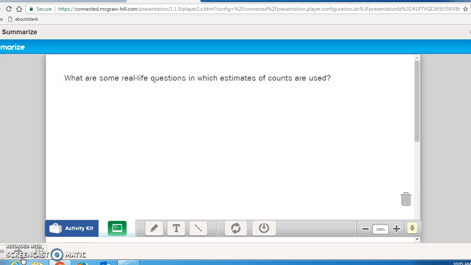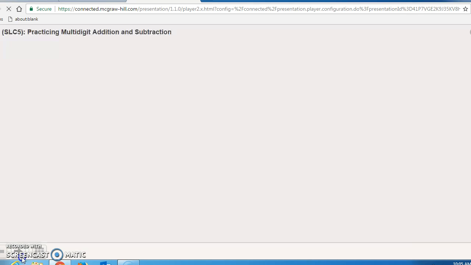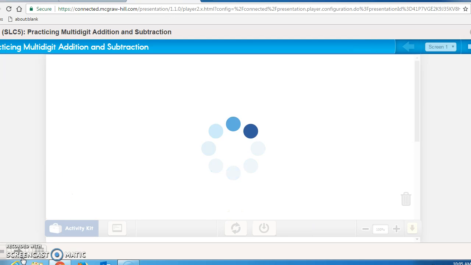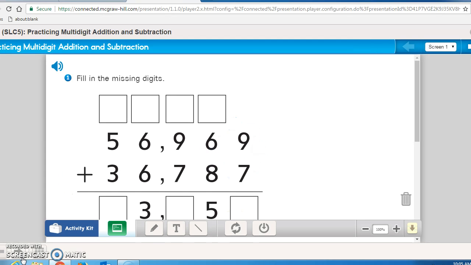That would be another reason why you do estimates in real life. I estimate all the time when I go to the grocery store if I only have a certain amount of cash, because I want to make sure when I get up there that I have exactly the right amount so that I'm not short. So those are just 2 simple reasons why we need to estimate in real life.